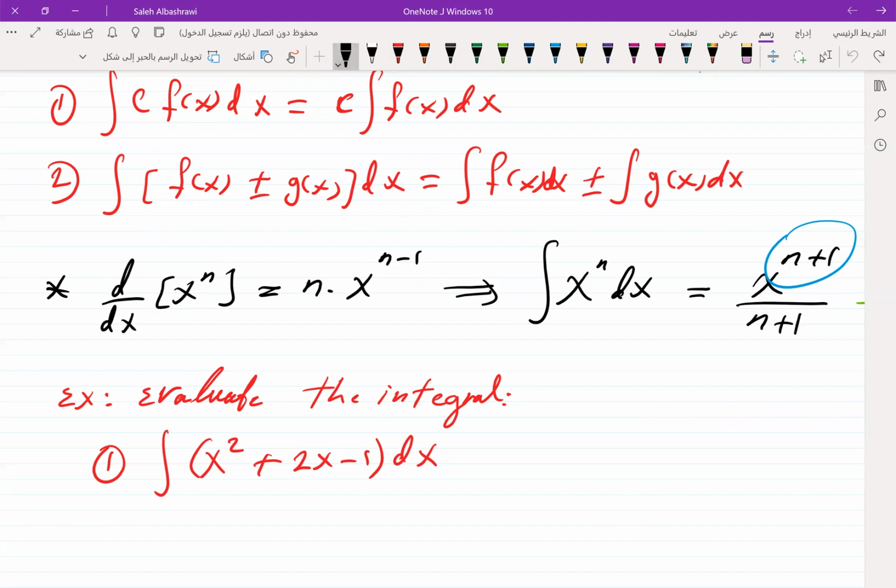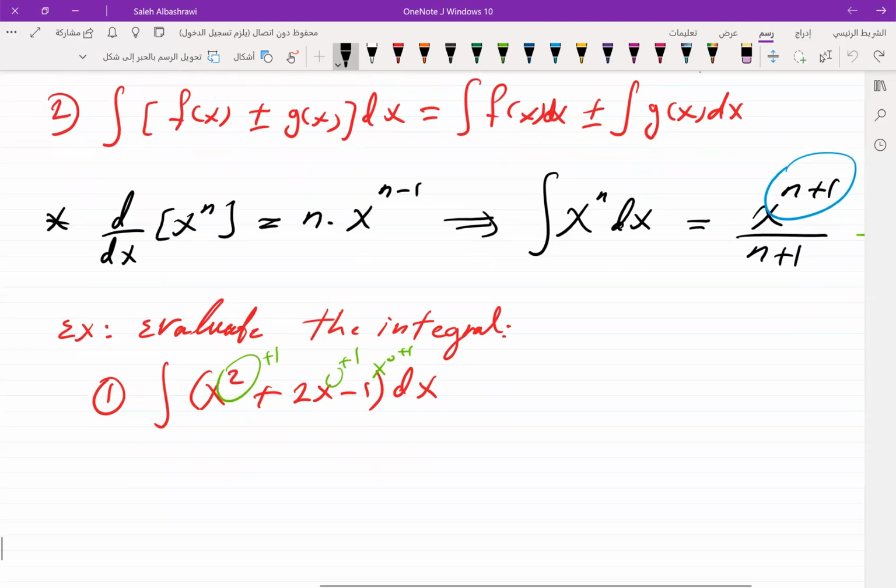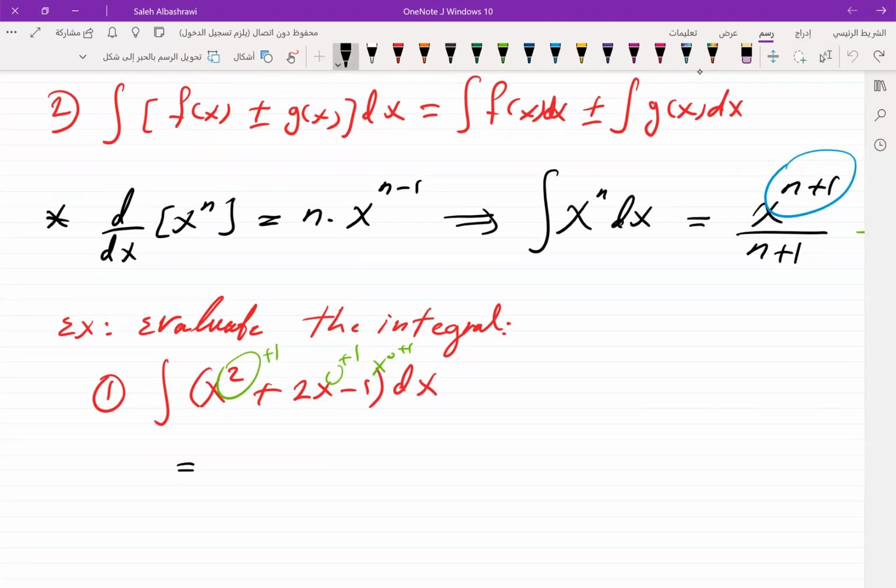Integration means add 1 to the power. This is add 1 there. Add 1, and the last one, it is x to power 0. The constant means x to power 0. So the integration for the first one is equal to x to power 2 plus 1 divided by 2 plus 1. Add 1 to the power and divide by that power.